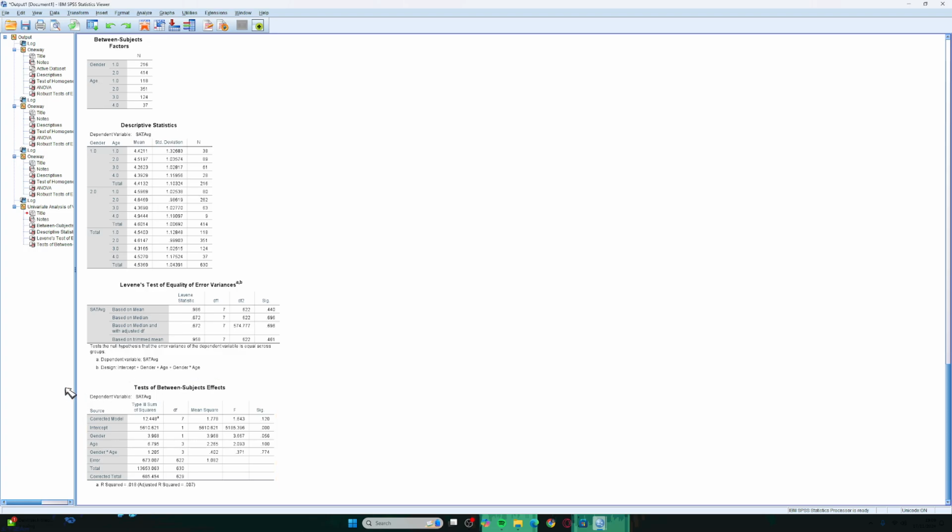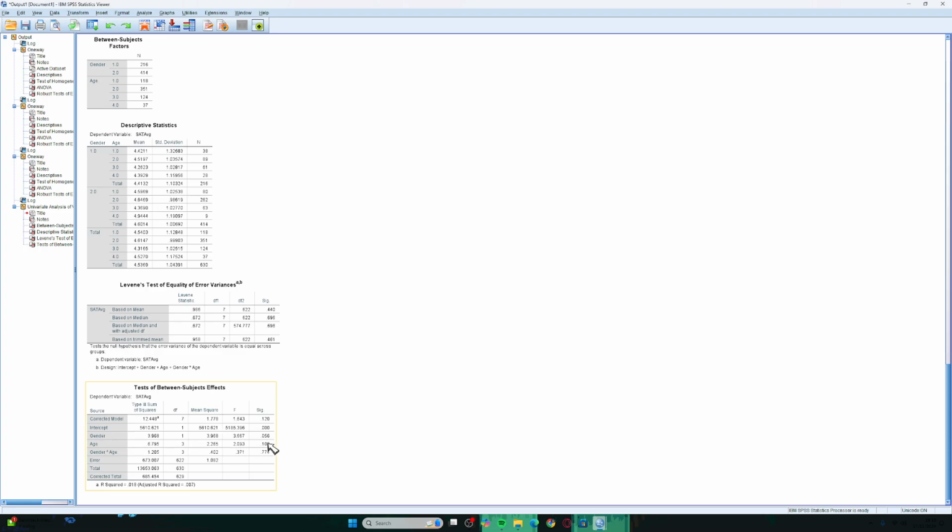Let's look into our tests of between-subjects effects. We have the p-value for gender, which is 0.056 here. Since this is greater than 5%, the main effect of gender is not significant at the 5% level, and gender alone does not significantly influence satisfaction.